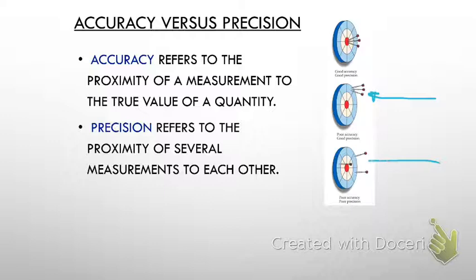You can also have 3 darts that are spread all over the place, so it's poor precision, and it's poorly accurate. Or we can have it where all three are in the bullseye, so they both have great accuracy and great precision.